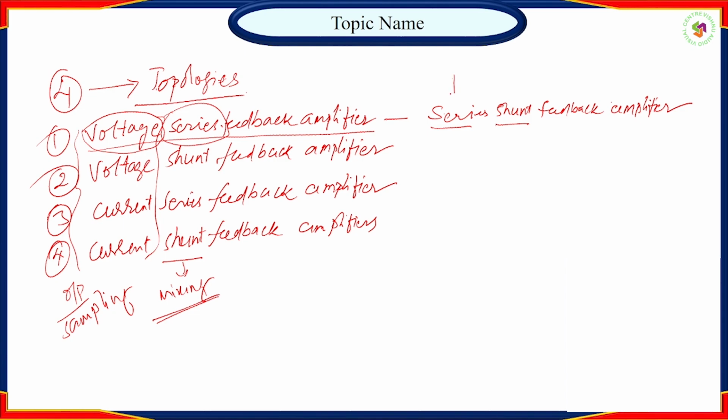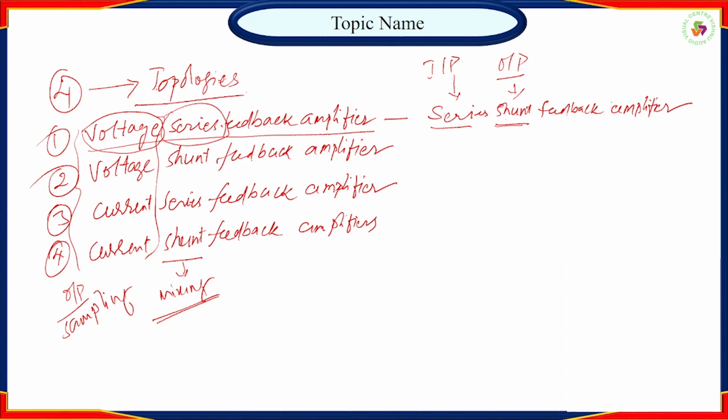Here voltage is taken at the output, and that is mixed in series at the input, so the mixing is series. Because voltage is taken from the output, we define the sampling parameter as a shunt parameter. So series shunt: here we define the input as the first parameter and the output as the second parameter.